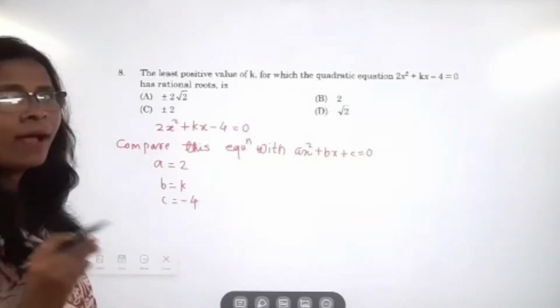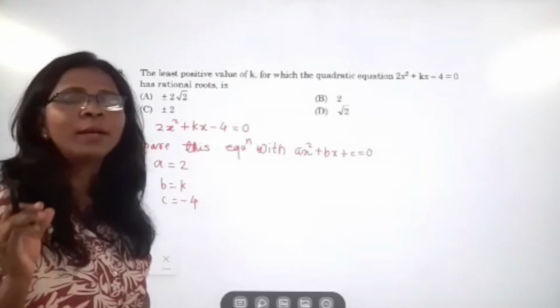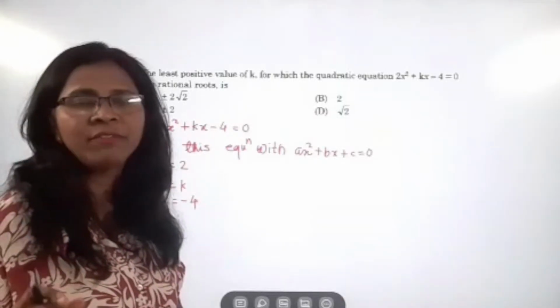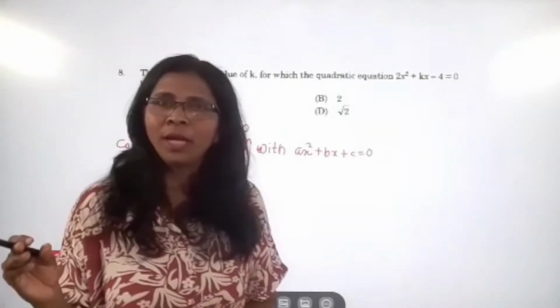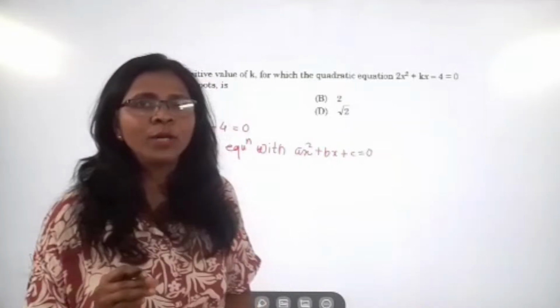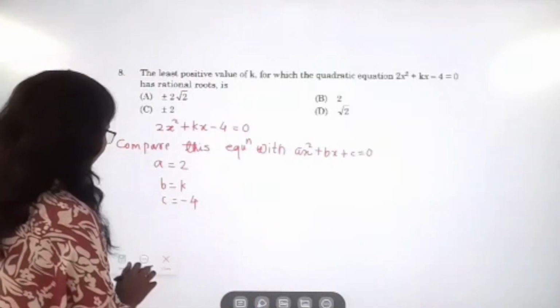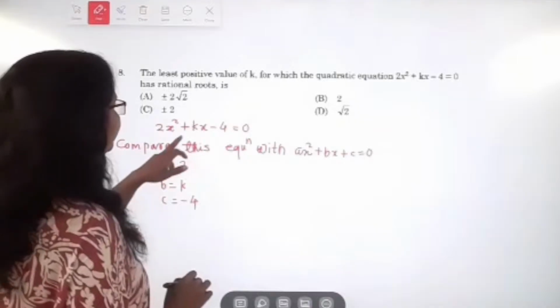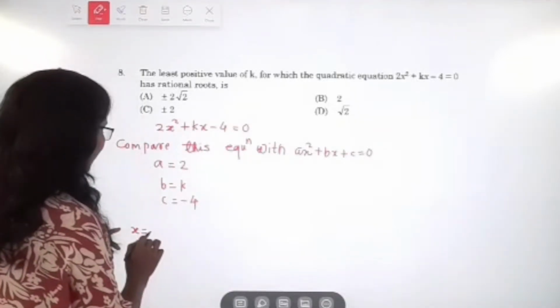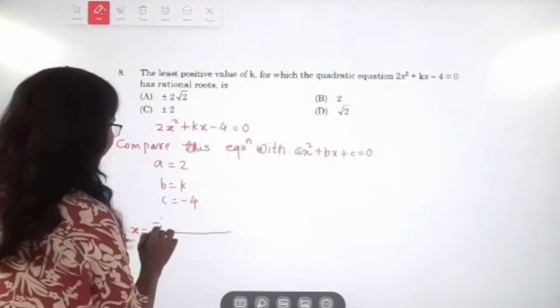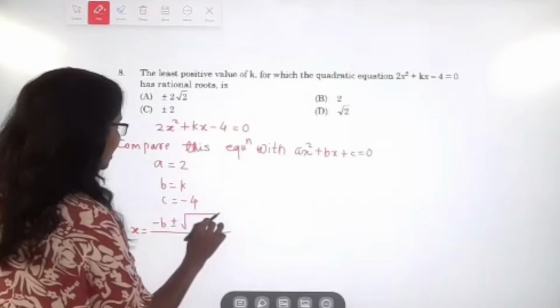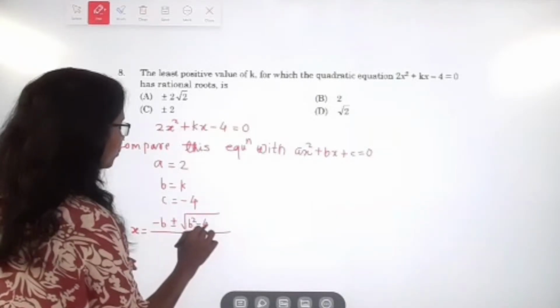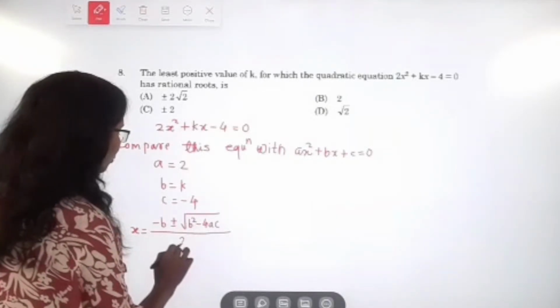Now students, we know the formula method. We can solve the quadratic equation with the help of the formula method. The variable is x, so x is equal to minus b plus or minus the square root of b square minus 4ac, upon 2a.